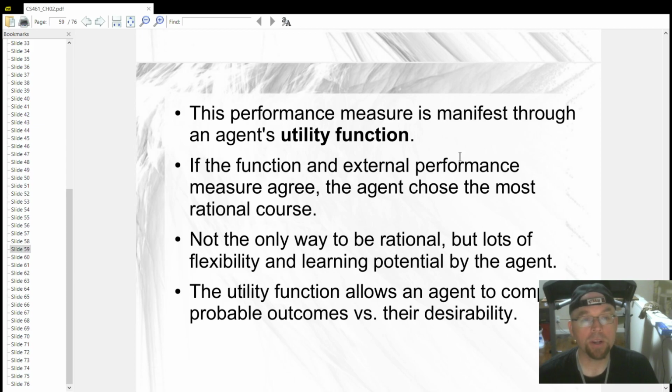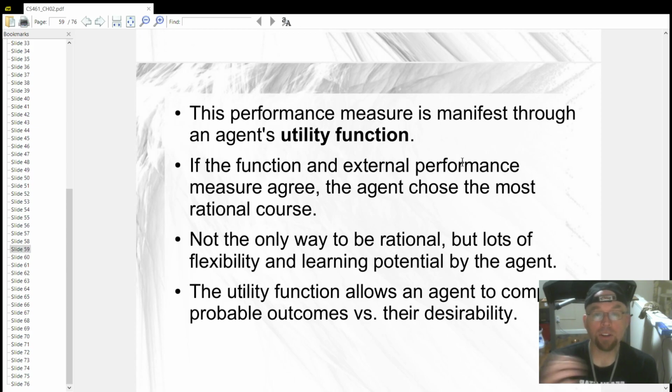So this performance measure shows up in our agent function and therefore our agent program through what the textbook refers to as an agent's utility function. Okay? So that utility function can evaluate the decisions that were made and provide a score.